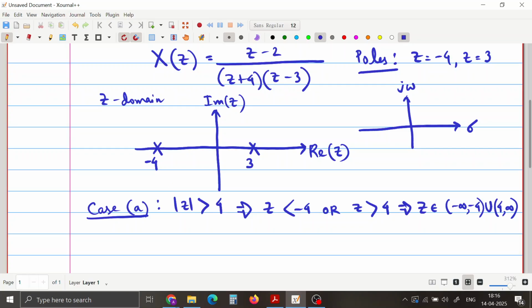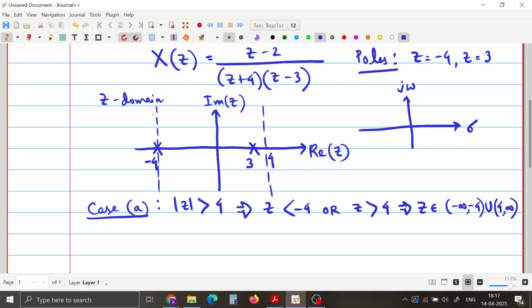Basically one region would be from minus infinity to minus 4. So there is one boundary at z equals minus 4 clearly, and another boundary at z equals plus 4, somewhere here. This is plus 4, and the ROC will look like this.